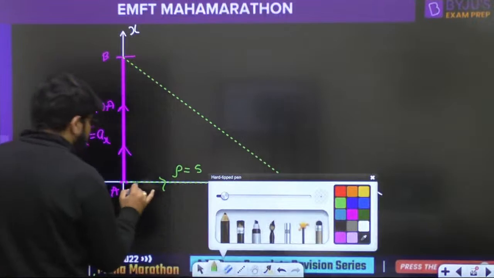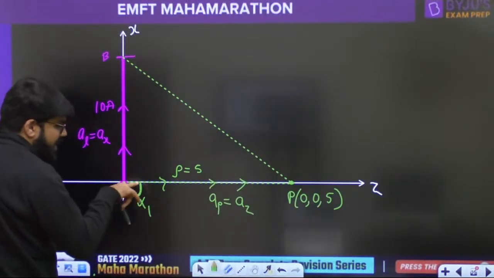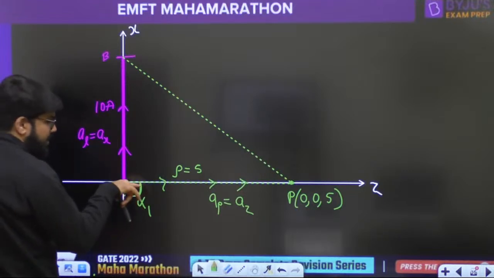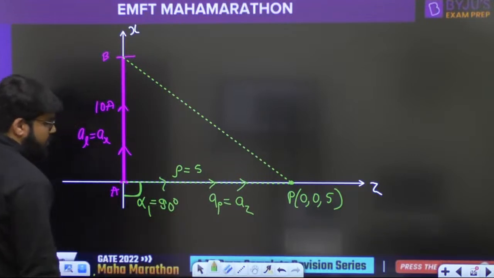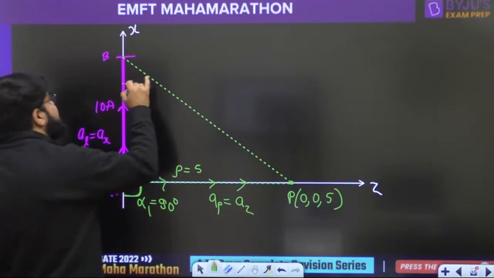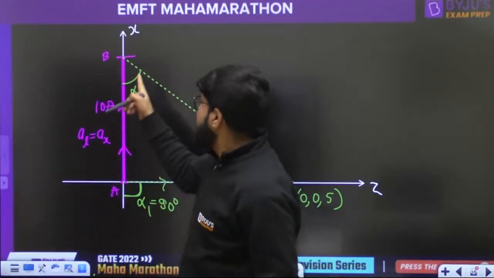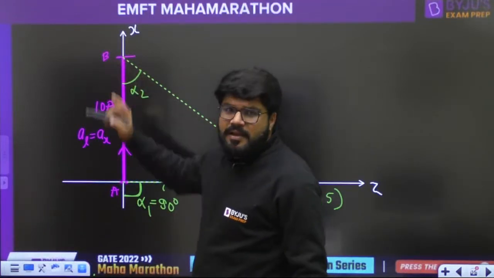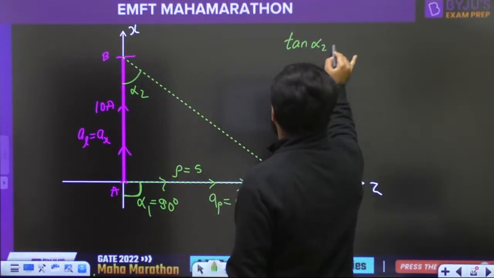Then sir, I need the value of alpha 1. Alpha 1 is known as what? Alpha 1 is known as the starting exterior angle, बाहर वाला angle from the starting end. So here it seems to be 90 degree. No need to calculate. It is clearly perpendicular. What is the alpha 2, sir? Alpha 2 is the interior angle with the terminating end. What is the interior angle here? We can calculate tan of alpha 2.